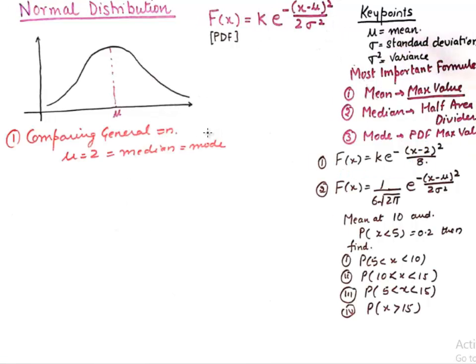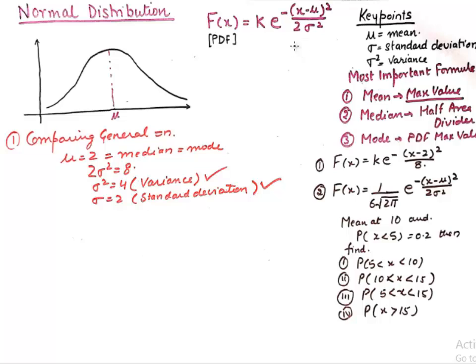Comparing this general equation of normal distribution with this one, we get that mu is 2, which is also equivalent to median and mode, and 2 sigma square is 8, sigma square is 4, which is variance, and sigma is 2, which is standard deviation.